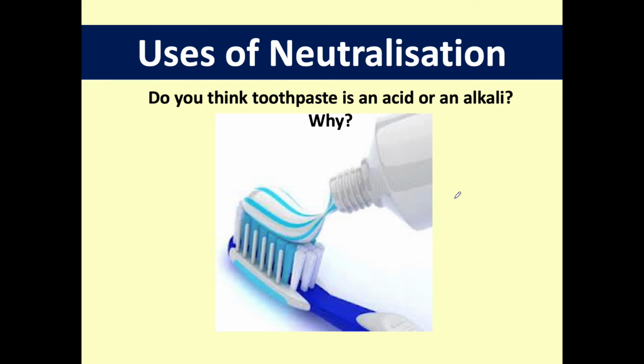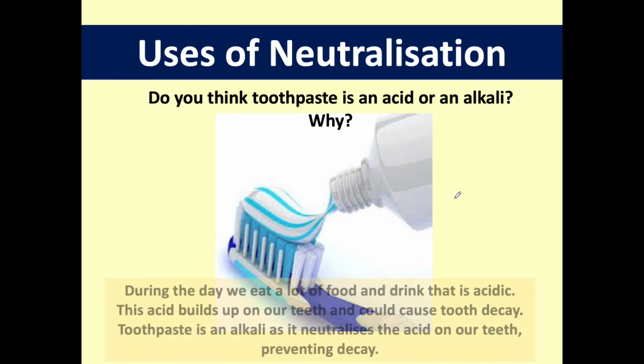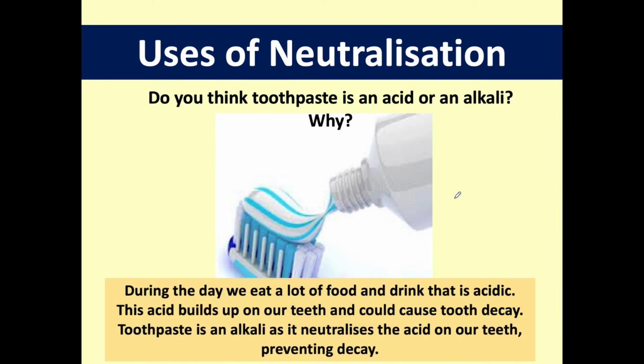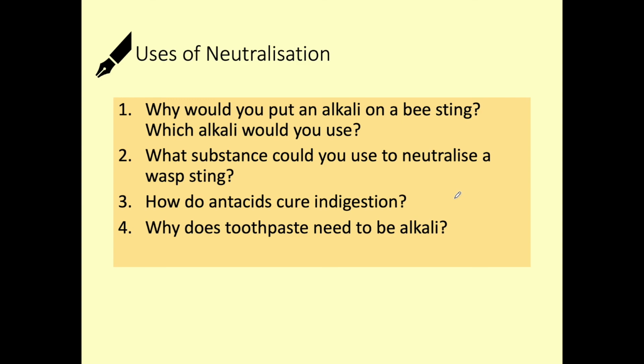So during the day, we actually eat and drink a lot of food and drink that is acidic. And this acid can build up in our mouth and on our teeth and therefore cause tooth decay. So by having a toothpaste, which is an alkali, that's going to neutralise the acid that's on our teeth and therefore prevent our decay. So here are the 4 questions for you to have a go at on your worksheet.